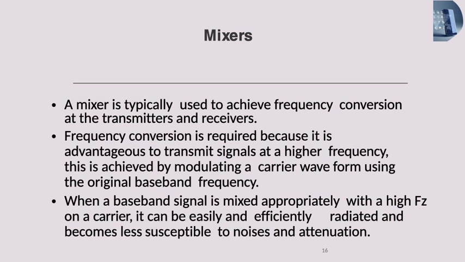This is achieved by modulating a carrier waveform using the original baseband frequency. When a baseband signal is mixed appropriately with a high frequency carrier, it can be easily and efficiently radiated and becomes less susceptible to noises and attenuation.